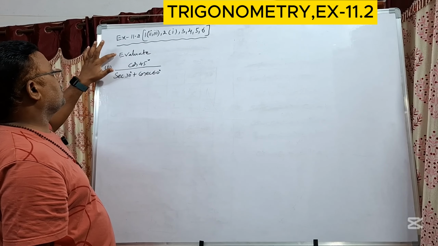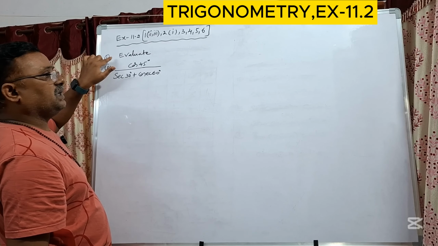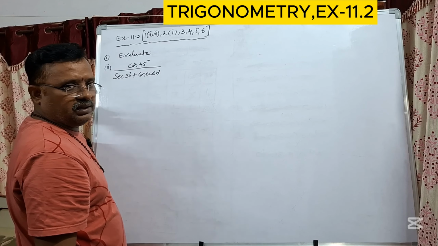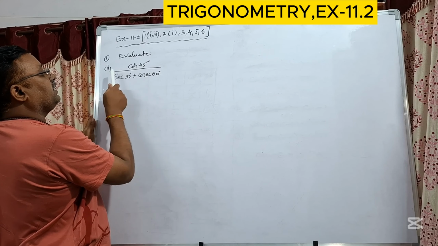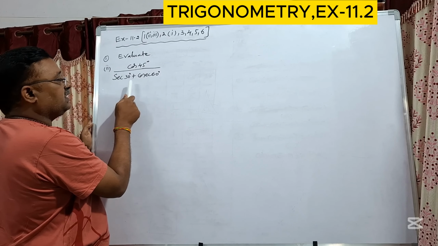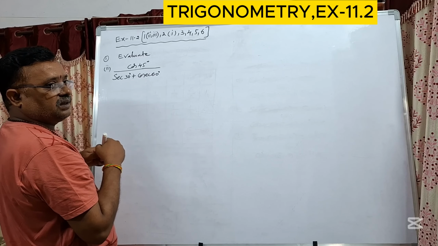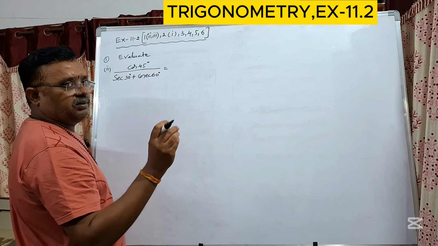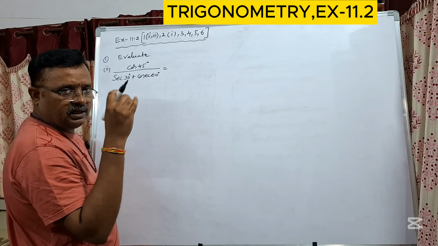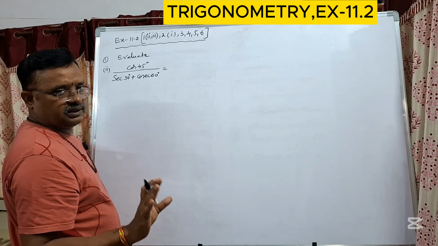What is the first question, first bit problem? They are asking to evaluate the following values. Among them, the second one is cos 45 degrees by secant 30 degrees plus cosecant 60 degrees. How to solve it? Direct table values: remembering and recalling, substitution and simplification.